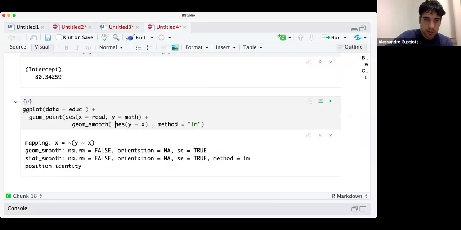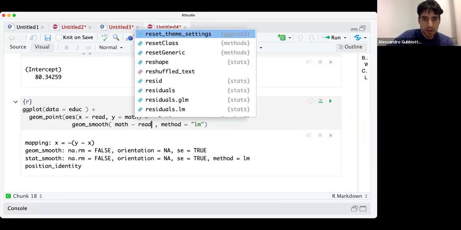Yes, should be this one. And okay, I'm predicting, let's say, math using reading.